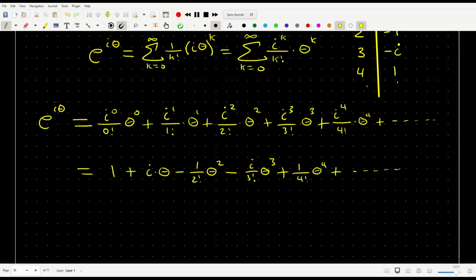And this looping process with the coefficients continues all the way to infinity.